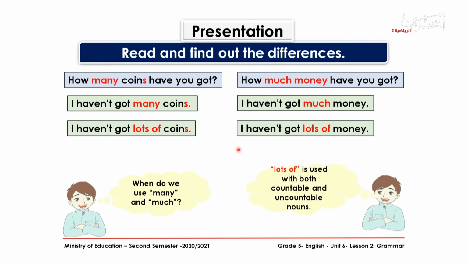You can notice here that for both many and much, we used lots of for the answers. So it means that we can use lots of with countable nouns or uncountable nouns. But much is used only for uncountable nouns, whereas many is used only for countable nouns.